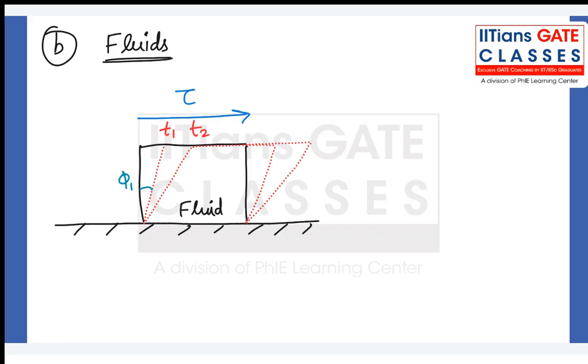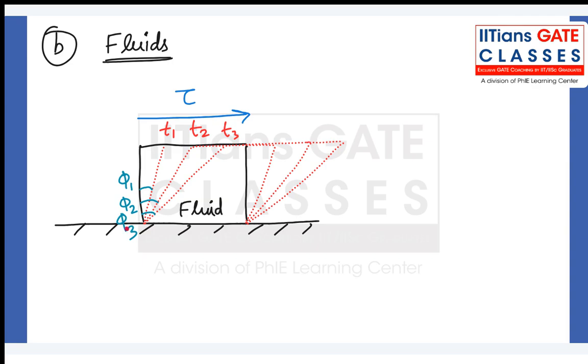So this is at time t2, and the angle will become phi2. Similarly, at time t3 also we can have something like this. So this will be your phi3.